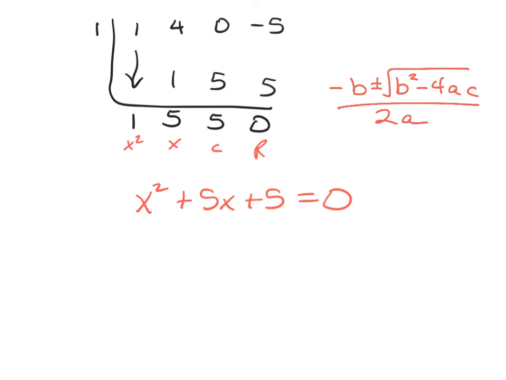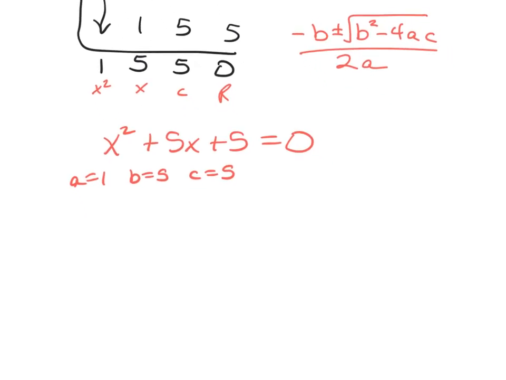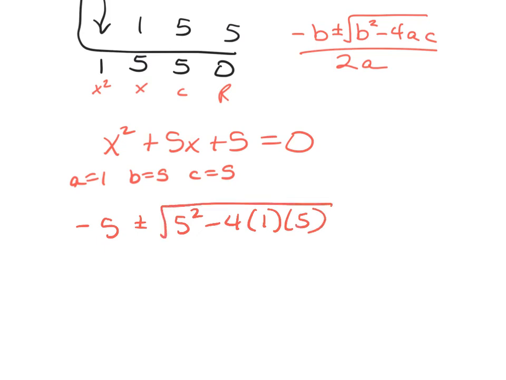I could do it both ways just so you can see that you get the same answer. So here my a is 1, my b is 5, and my c is 5. So let's put it into the quadratic formula. -5 plus or minus the square root of 5 squared minus 4 times a times c, divided by 2a.